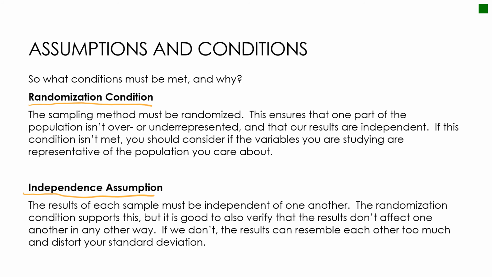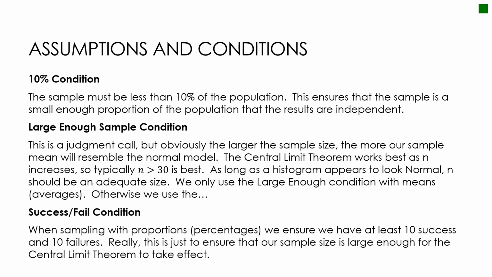Then there's the 10% condition, and that is saying our sample must be less than 10% of the population. So again, if my population were 100 people and I sampled 80 of them, that's not good because I've talked to too many people in the entire population.